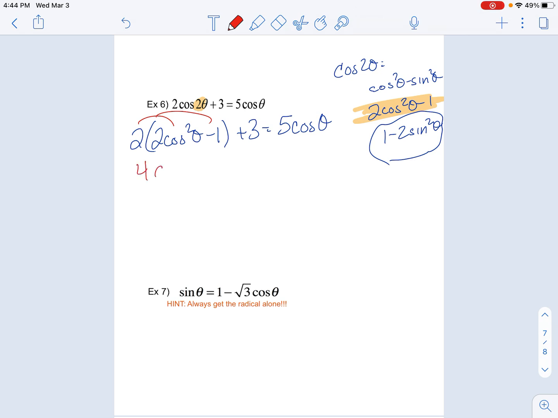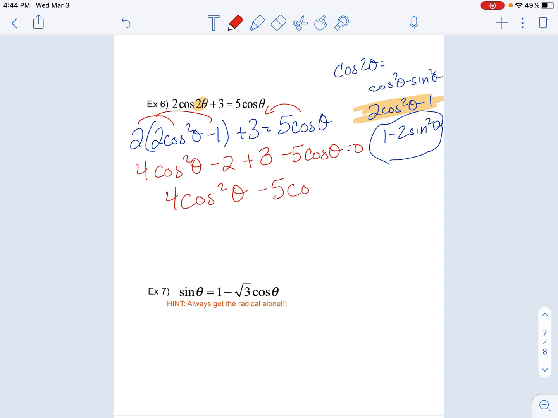We distribute here, so that gives me 4 cosine squared theta minus 2 plus 3. I'm going to go ahead and move that 5 cosine theta over because we want to get everything on one side. So I get 4 cosine squared minus 5 cosine theta plus 1 equals 0.